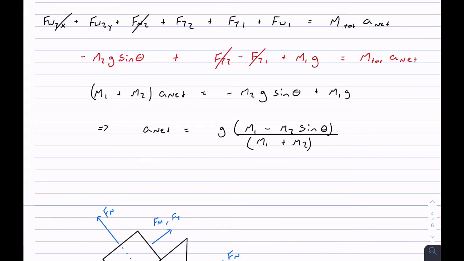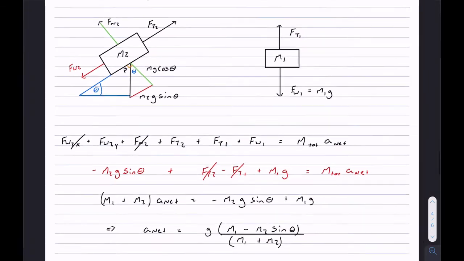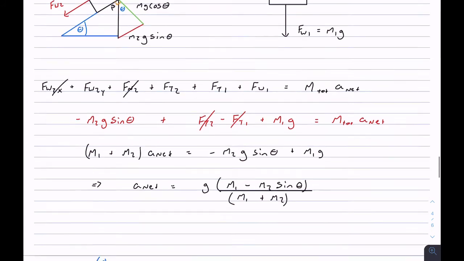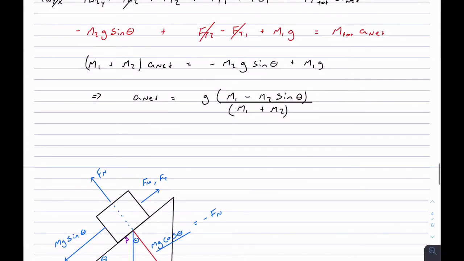Because we defined this direction as being negative, I plug in values, and what I get is 9.81 times (4 kilograms minus 10 times sine 30) over 14. This gives us a value of approximately negative 0.701 meters per second squared. That's our answer. That's the magnitude.